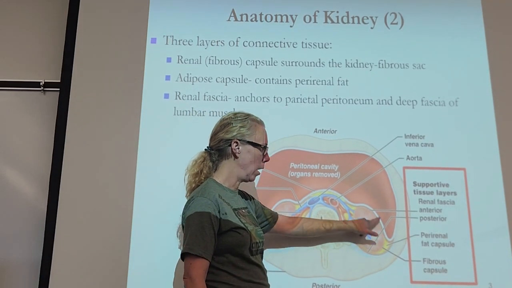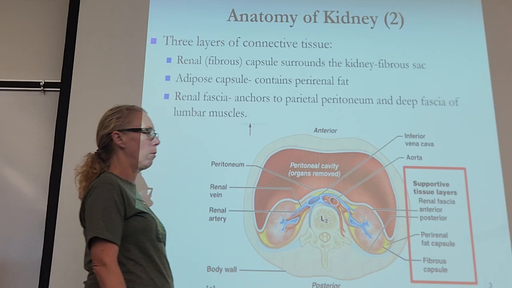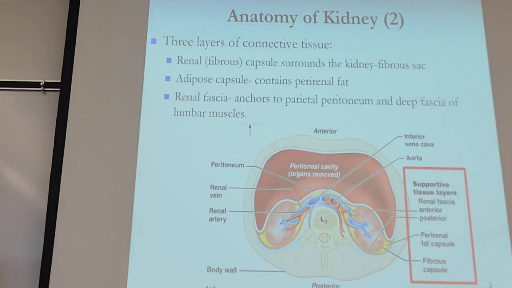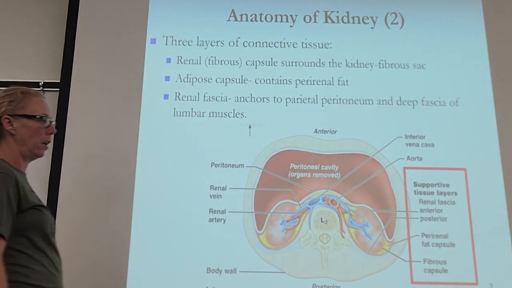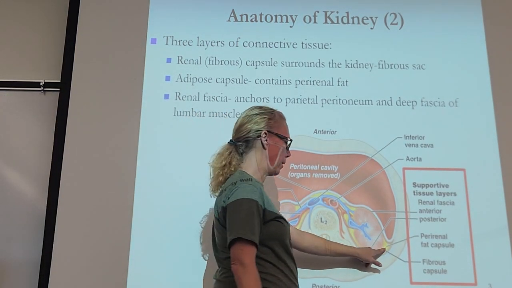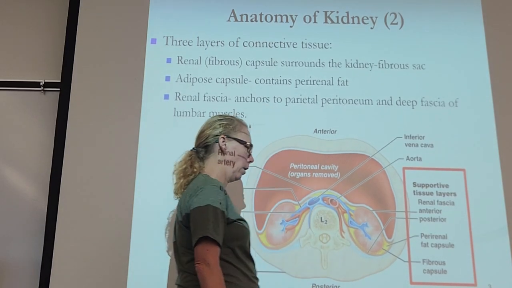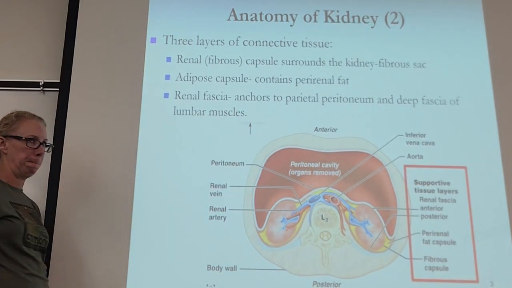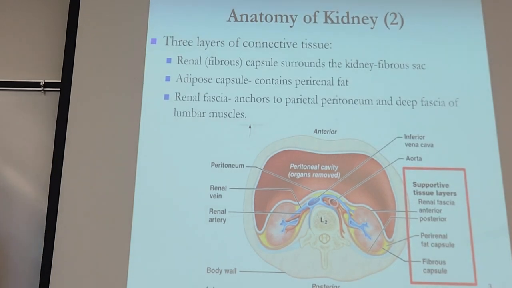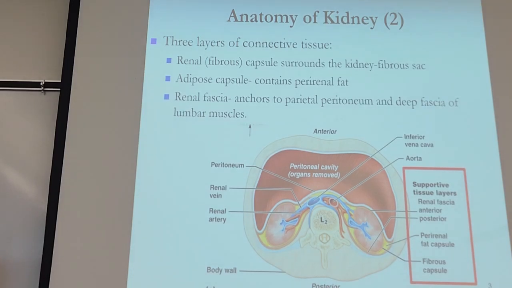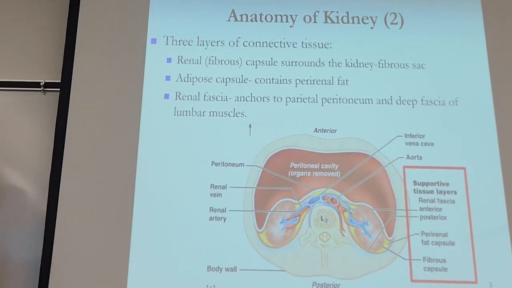Anterior renal fascia anchors itself to the parietal peritoneum, so it provides structural support anteriorly to the kidney. Posteriorly, the renal fascia attaches to the musculature of the low back, so a little bit of the erector spinae fascia. And in dissecting the cat and looking at all the musculature, we are well versed in what fascia is and where you find it. It's everywhere.